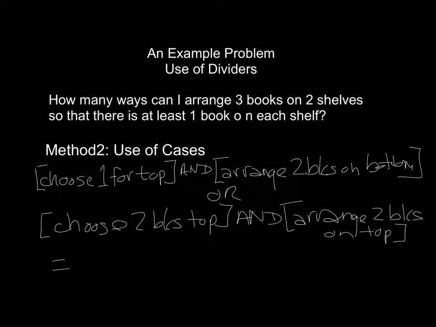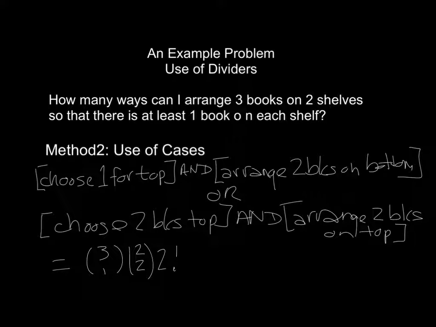So, to start with, choose 1 book for the top. So out of 3 books, we have 1 choice. And then we're left with the leftover 2 books, we're going to choose 2 for the bottom shelf, and then we need to arrange those. Or, alternatively, the other case is, from the 3 books, we're going to choose 2 for the top, and then we're going to arrange those 2 books.